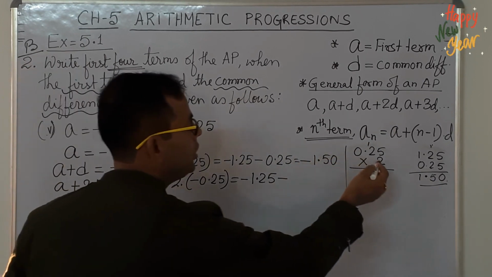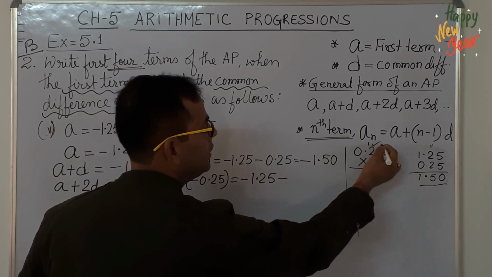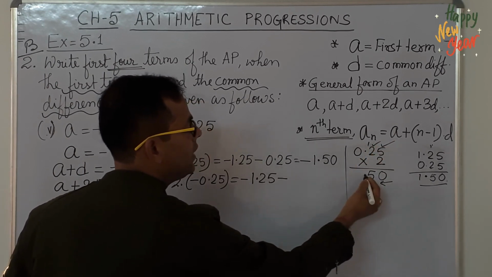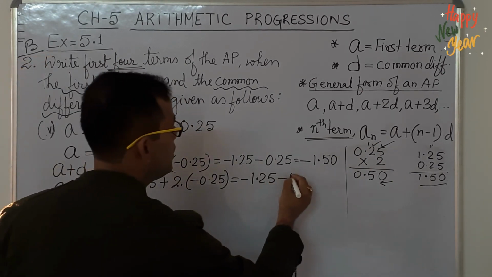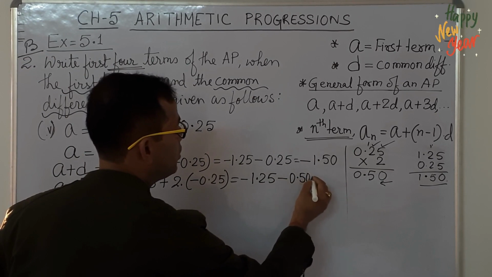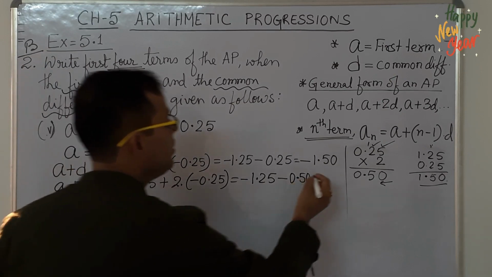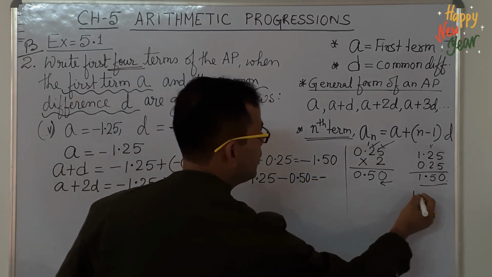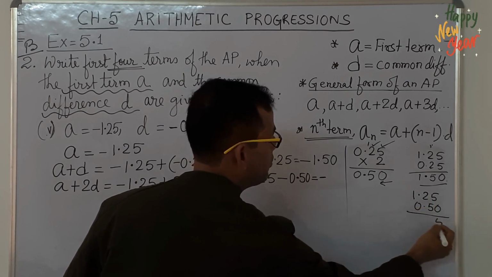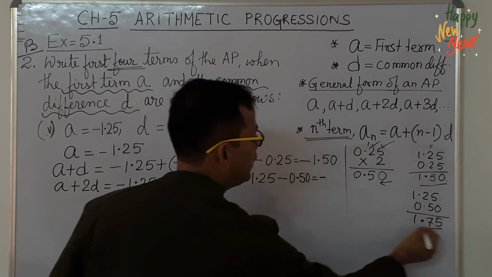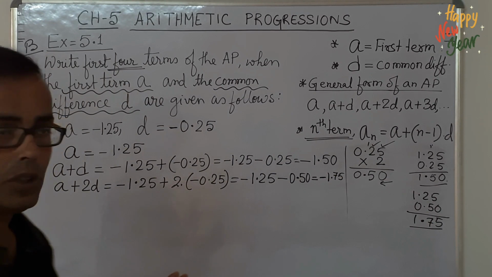Otherwise, you can do the rough. 2 4s are 8, plus 1, 9. And then 2 digits are there, so the point will be from this side after 2 numbers. So 0.50. Now again see minus minus, same sign we will add, but the sign will be minus. So my 1.25 and 0.50. So what you get? 5, 7, point below point 1. So 1.75. Clear up to this much?